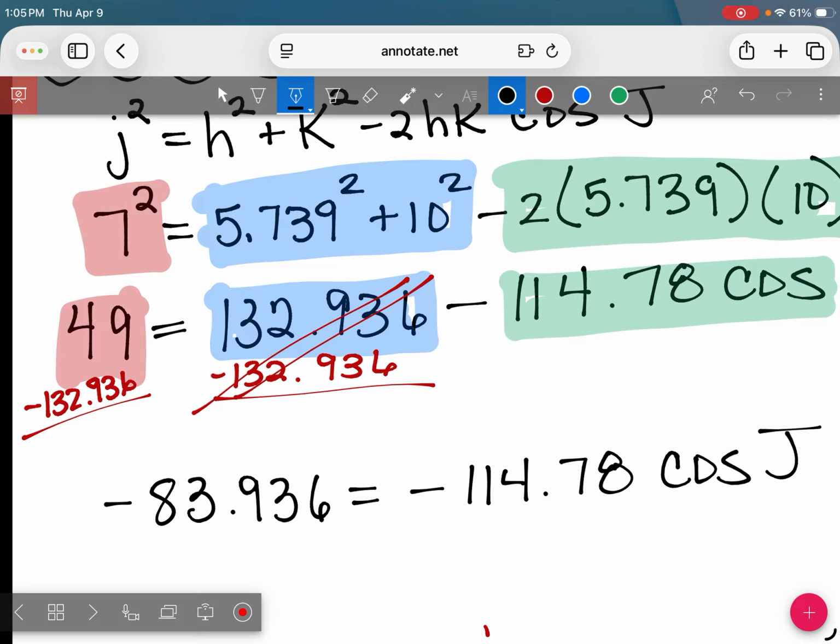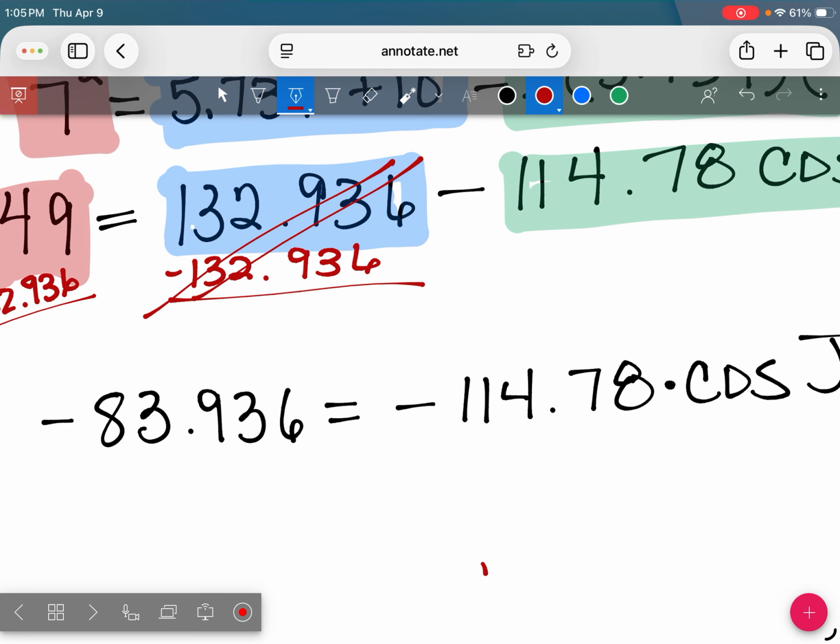cosine of J. These are being multiplied. So in order to get rid of that 114, I have to divide it. So I'm dividing both sides, not subtracting, not adding, dividing.